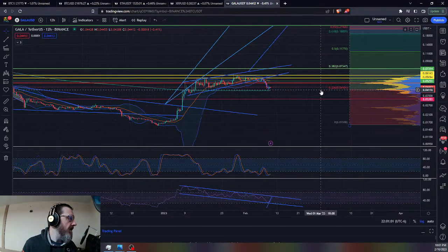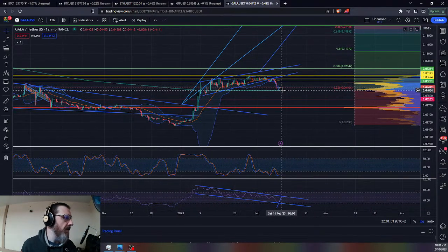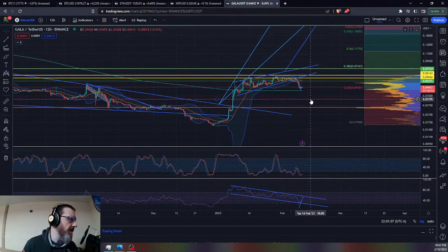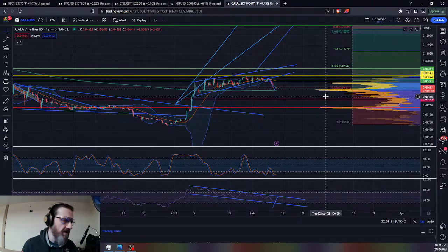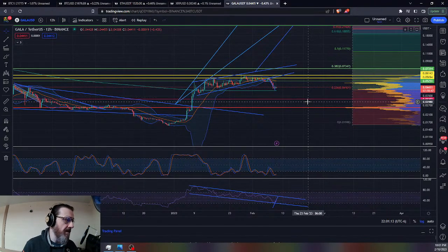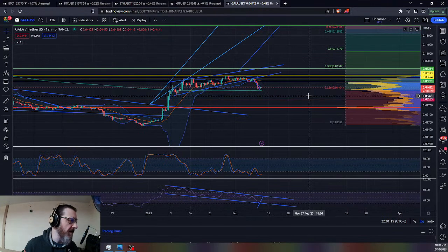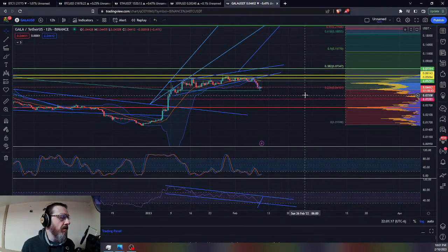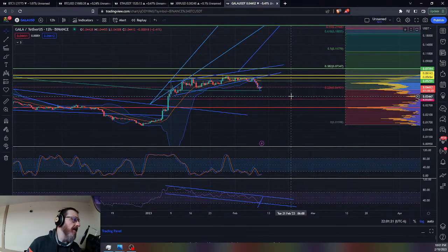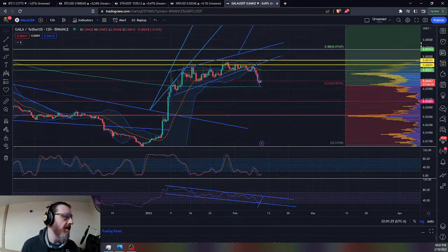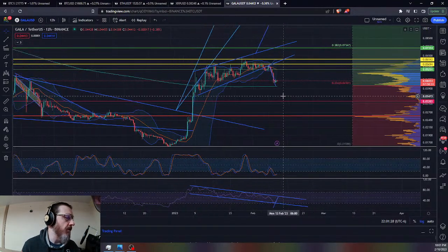So don't get confused when I'm referring to the 200 daily moving average on the Gala USDT asset versus the 200 daily moving average on the ETF. It's going to be completely different, and they're going to move differently. There's going to be different patterns. So just keep in mind it is an alternative to trading the leverage. It's a little less risk, and there's definitely still some huge upside, even just in a short-term swing.